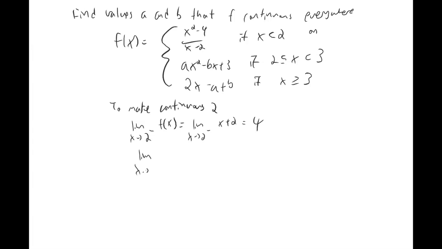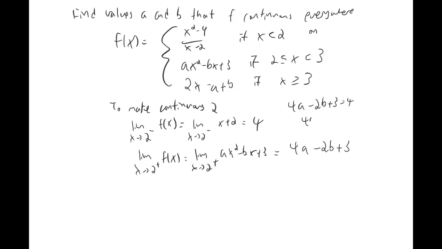And limit x goes to 2 from the right of f of x is limit x goes to 2 from the right of ax squared minus bx plus 3. Again, your first rule I told you, plug in. So this is 4a minus 2b plus 3, right? Yeah. So these should be equal. So I get 4a minus 2b equals 1, right? So to be continuous at 2, I need this to hold.